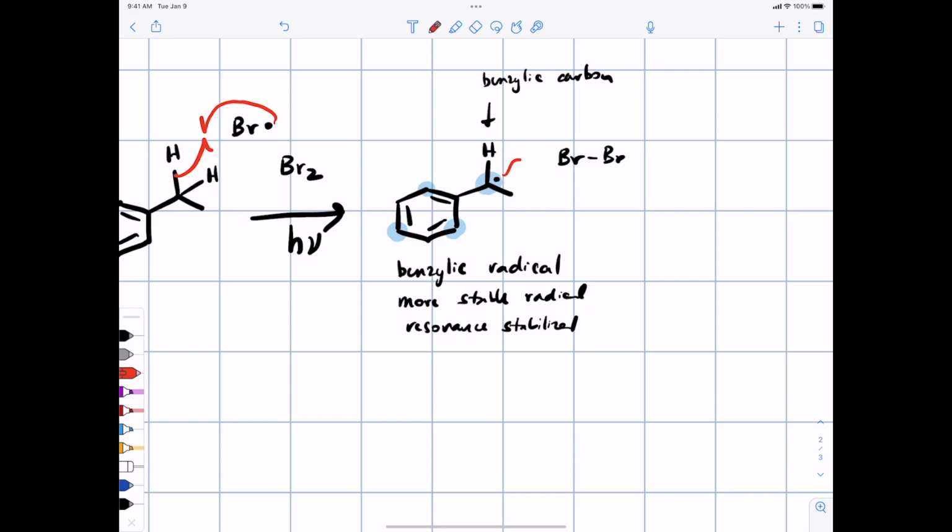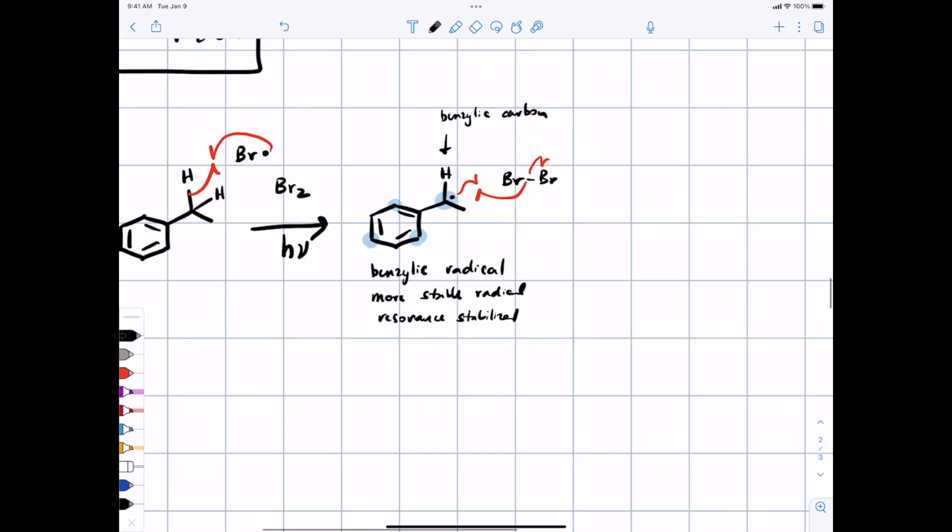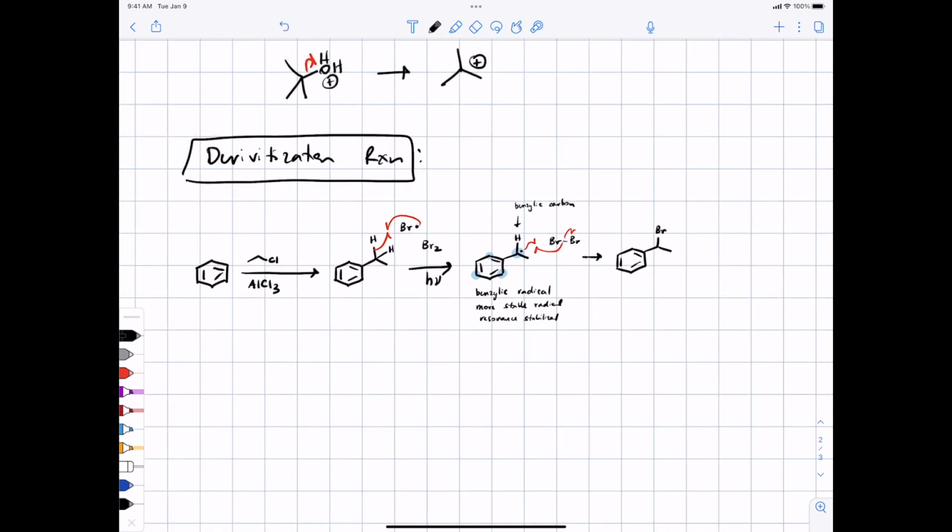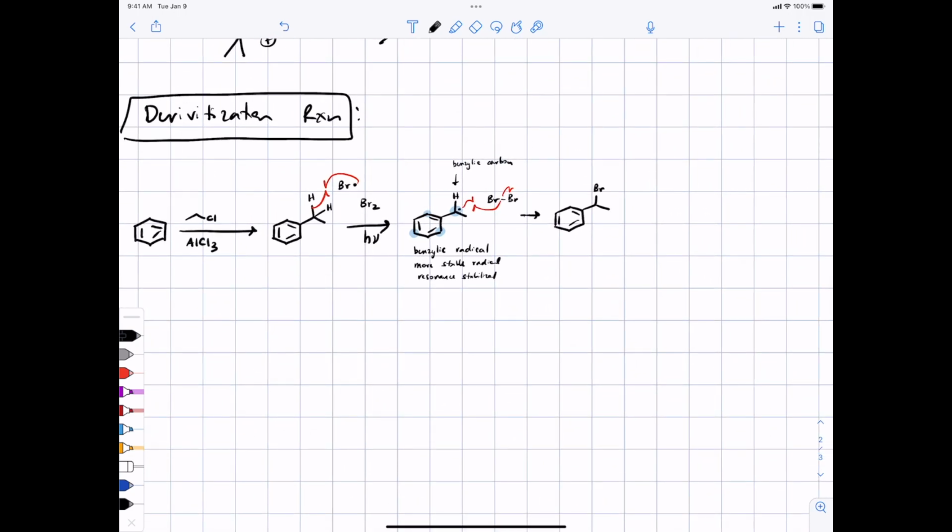Once you have that radical, you can do the bromination reaction that you saw at the end of 351, where we make a new carbon-bromine bond. All right? And now that you've got that alkyl halide there, you have a lot of different options. You could do substitution chemistry any way you want with that alkyl halide.